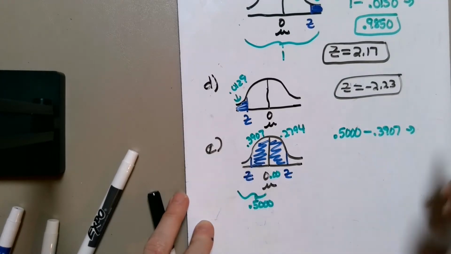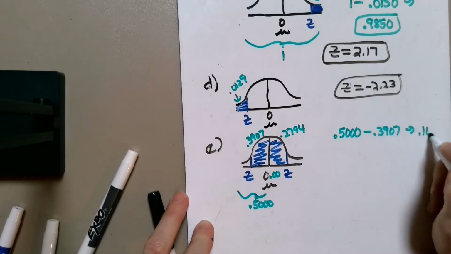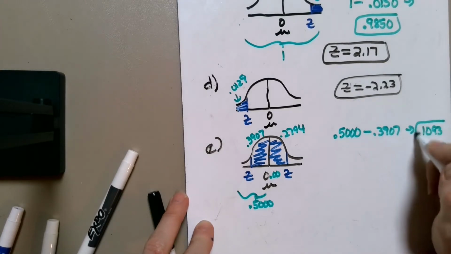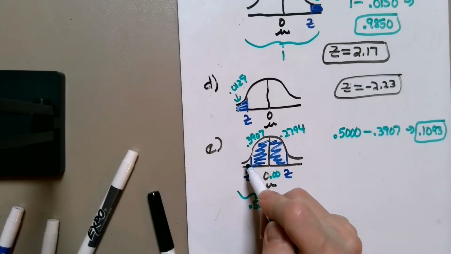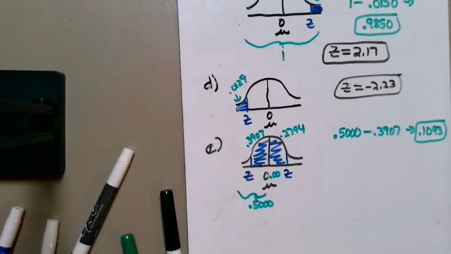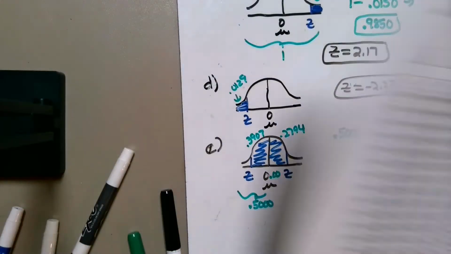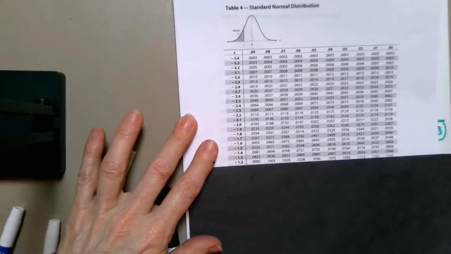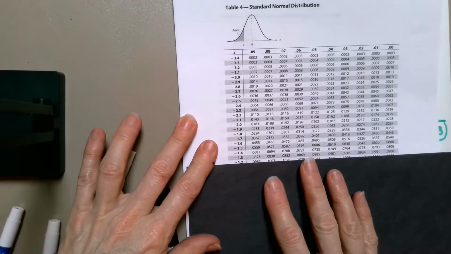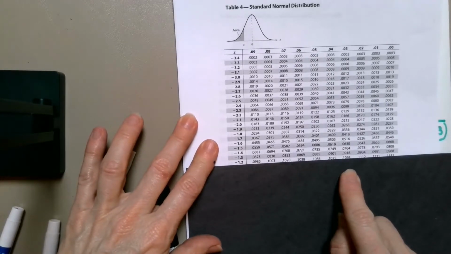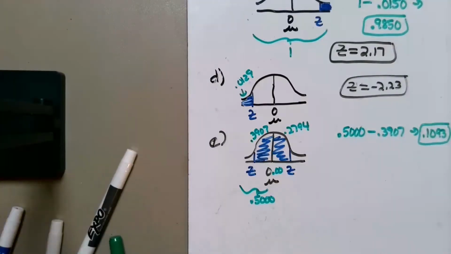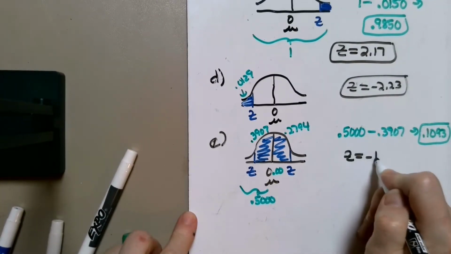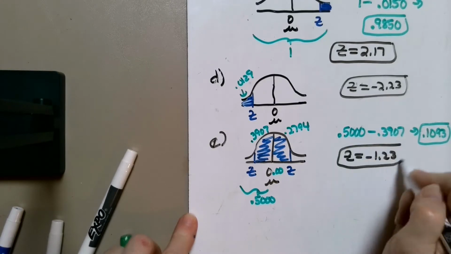That's going to give me the area in the left tail, which is 0.1093. We look for that on the negative z side of the table, and we find it at negative 1.2 and 300ths. So on the negative z side, our z-score is negative 1.23. So that's half of our answer there.